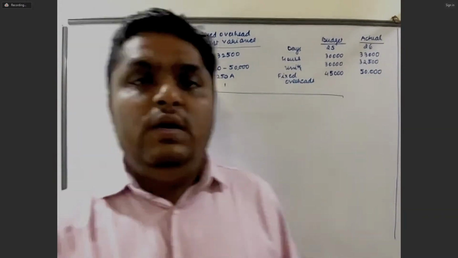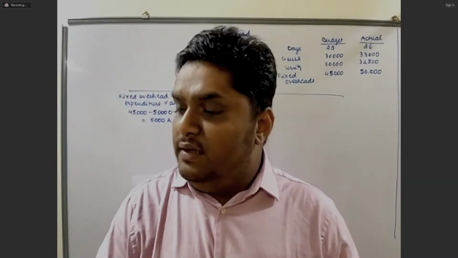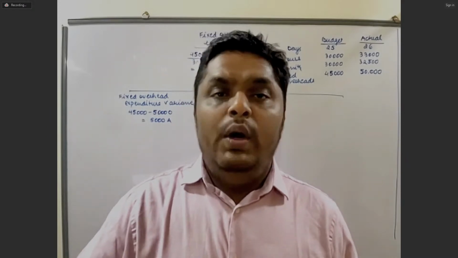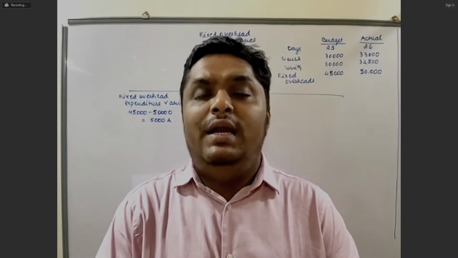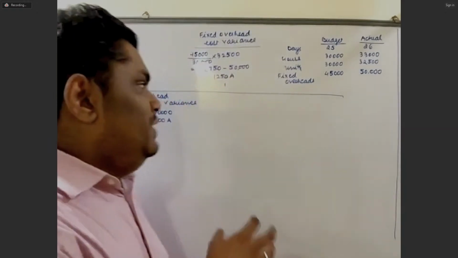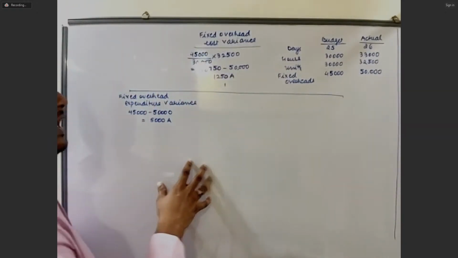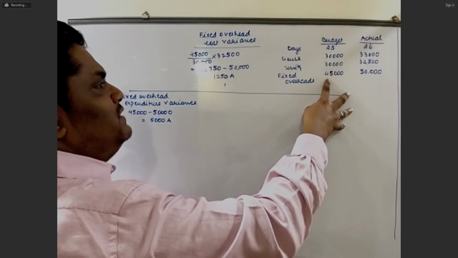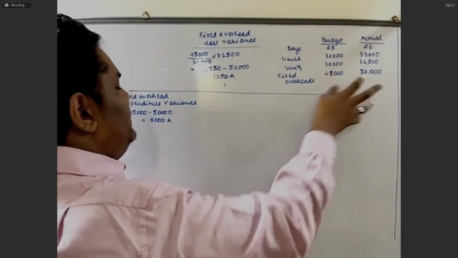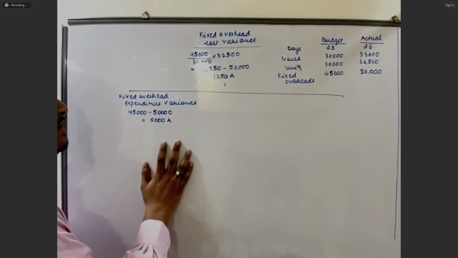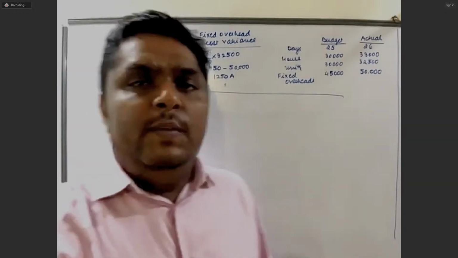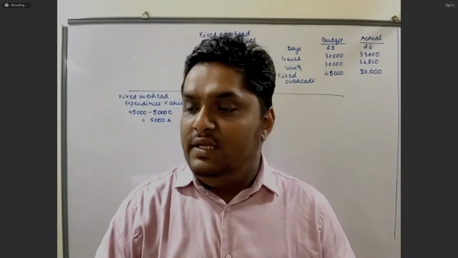I repeat again, since fixed overhead remains constant at all levels of production, expenditure variance is very easy to calculate. 45,000 is my budgeted fixed overhead and 50,000 is my actual fixed overhead. So 45,000 minus 50,000, 5,000 adverse will be my fixed overhead expenditure variance.